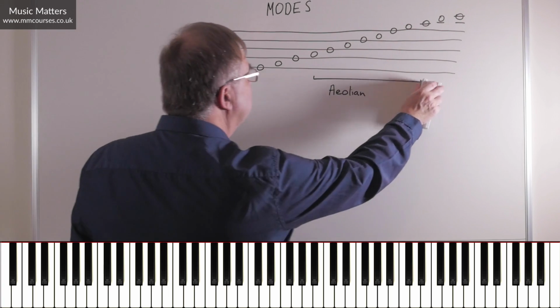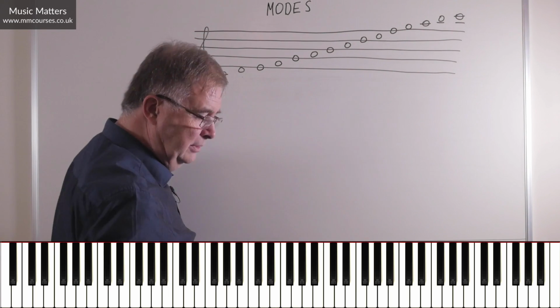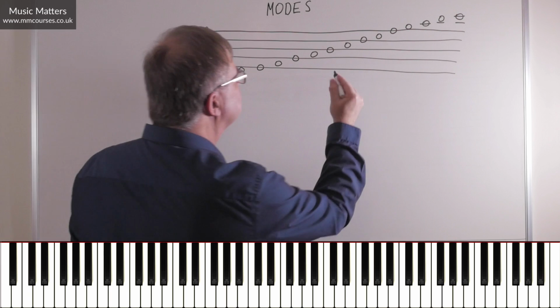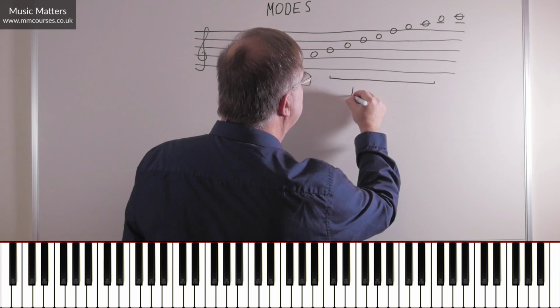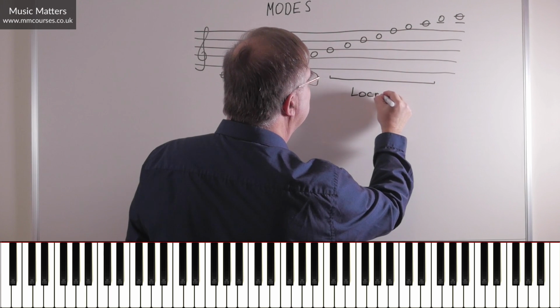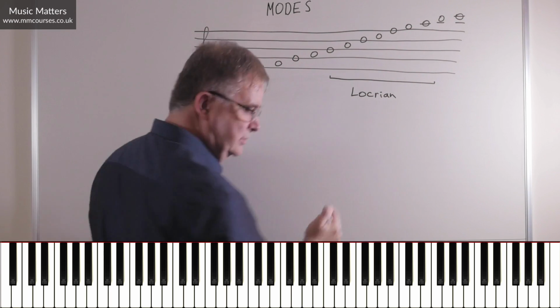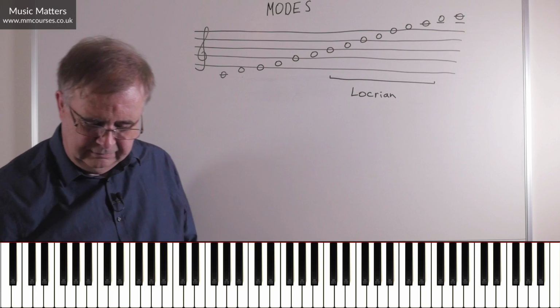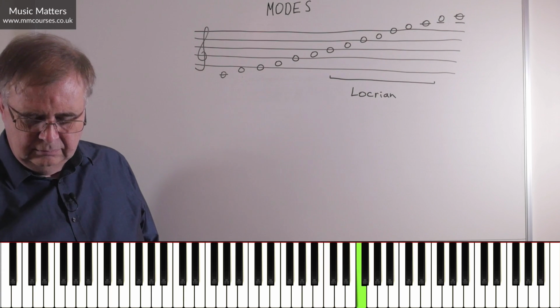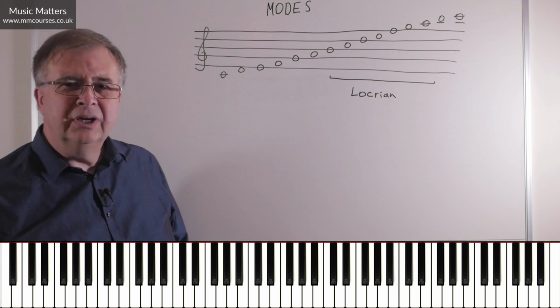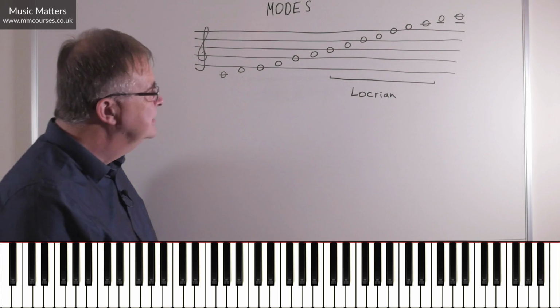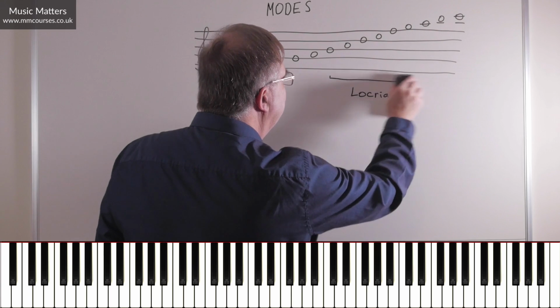Quite an attractive mode to work in, actually. And then B to B is the last one before we get back to where we started, isn't it? And B to B is called the Locrian mode. So there we have it, B to B. I think that one does sound rather strange, doesn't it?